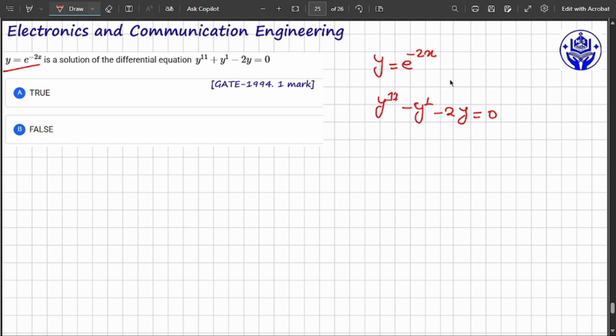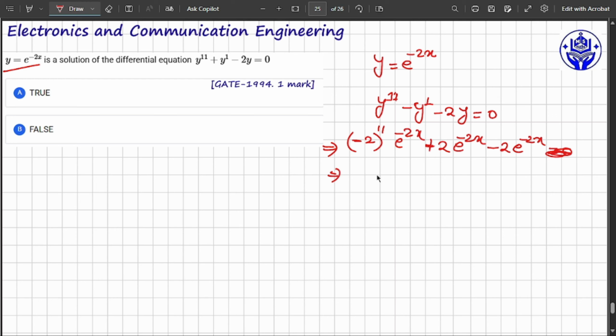If you differentiate y eleven times, then it is (-2)^11 e^(-2x), and plus or minus 2 e^(-2x), equals 0. Now see, is it 0 or not? Is it really satisfying the differential equation?